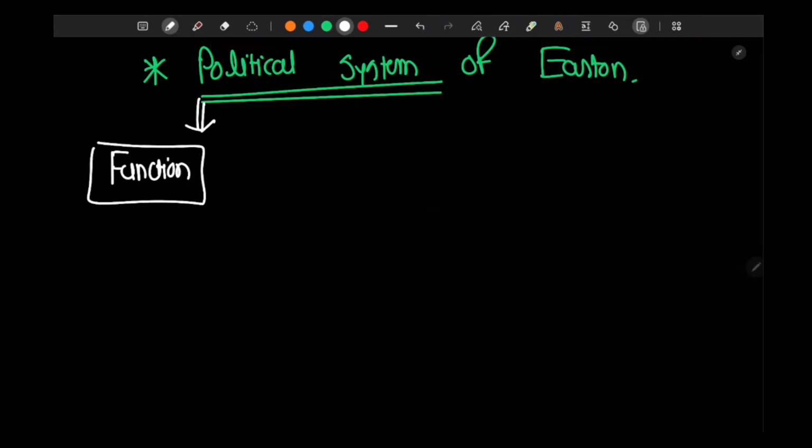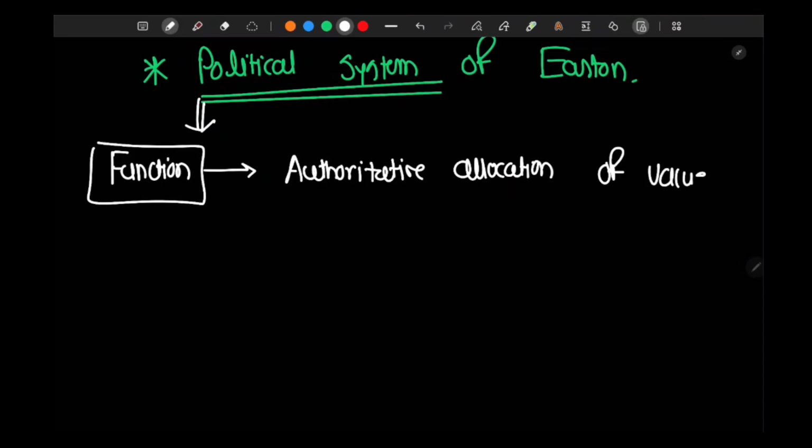The function of the political system is authoritative allocation of values. What does this mean? Do not try to overcomplicate it.